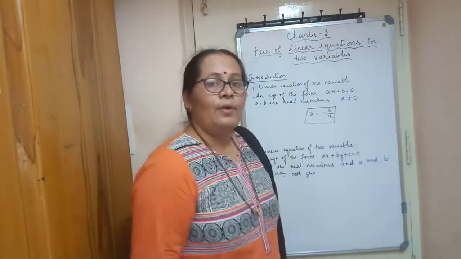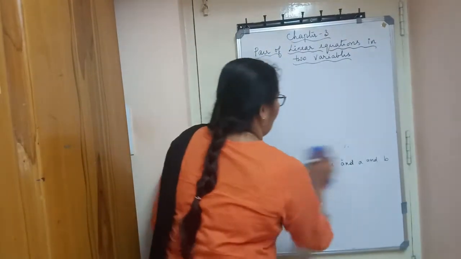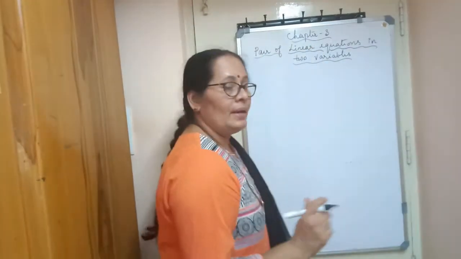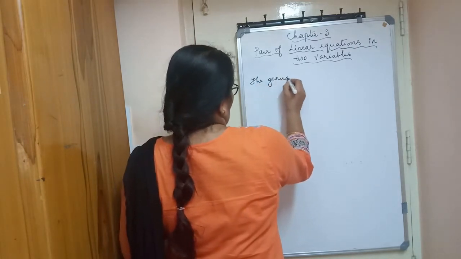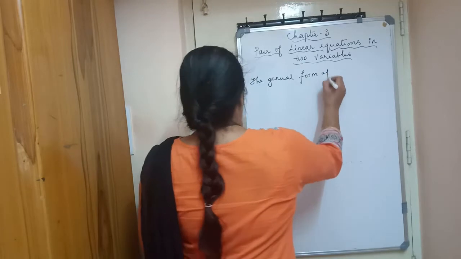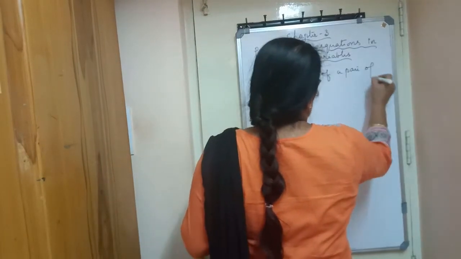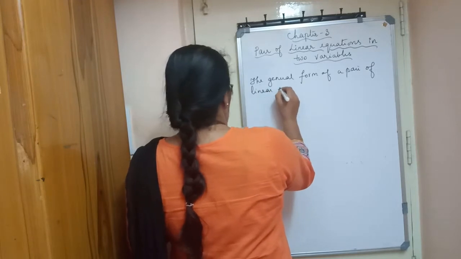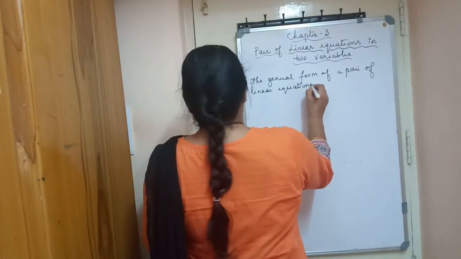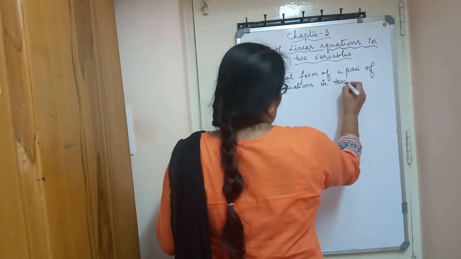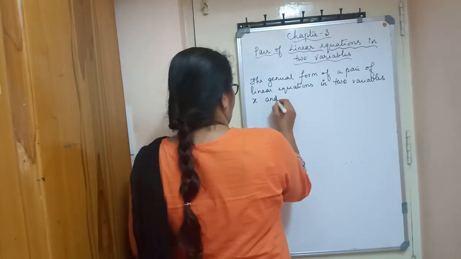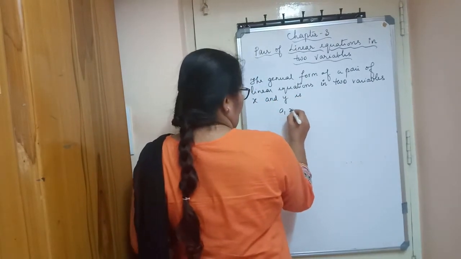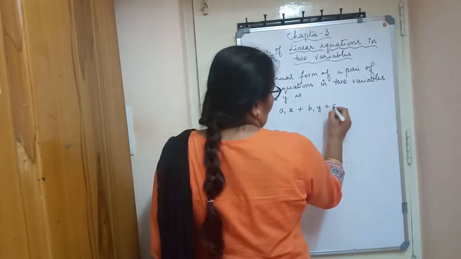Now the general form of a pair of linear equations in two variables x and y is a1x plus b1y plus c1 equals 0.